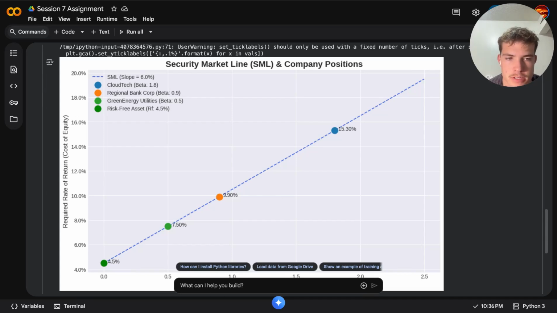So finally, let's acknowledge the limitations of the CAPM as our evolve step. CAPM is a single factor model. It ignores other risks, especially the company-specific risks of a private startup, like technology risk and things of that nature.